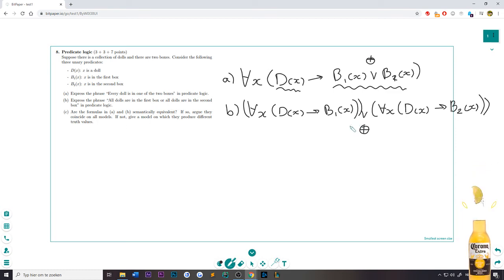The thing is, in predicate logic in general, we don't really use XOR that much. So even though XOR would be the perfect answer, just having OR is fine. Predicate logic is closer to actual linguistics than it is to logic, right? If I'm saying all dolls are in the first box or all dolls are in the second box, you know that the or I'm saying is an exclusive or.